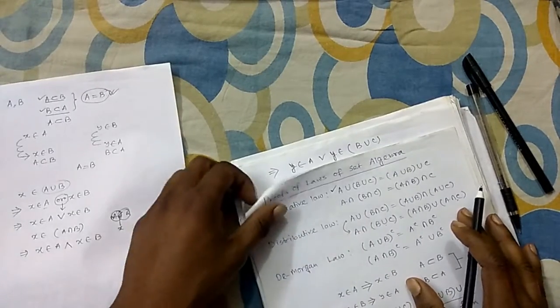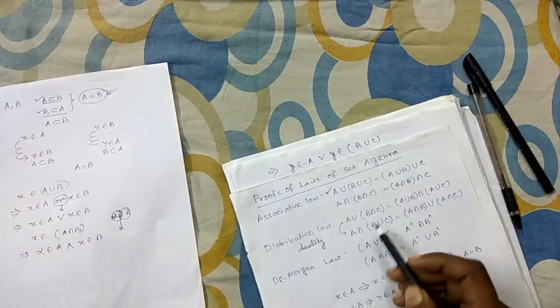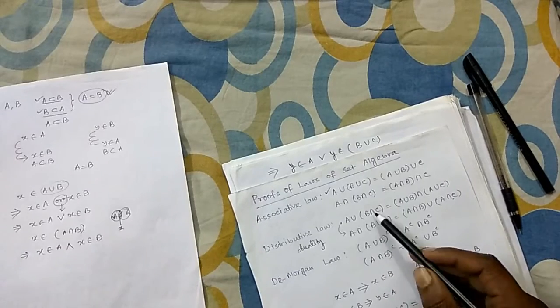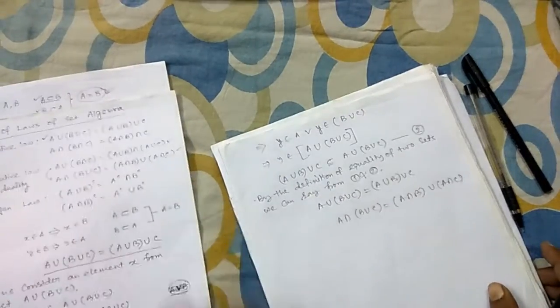So it's a duality. While union and intersection interchange, then we can have both of the relations. Now let us try to prove this one.